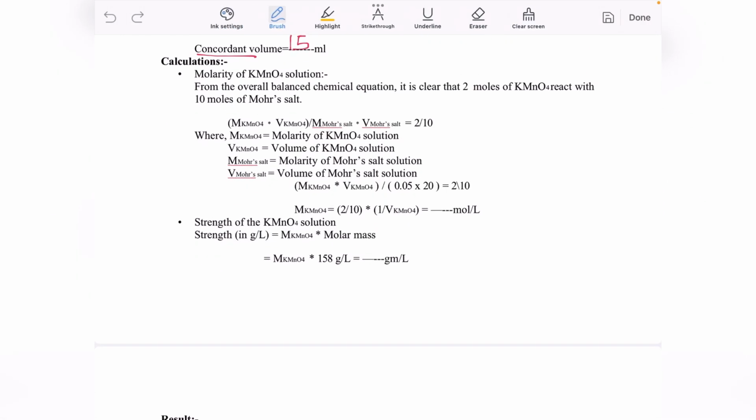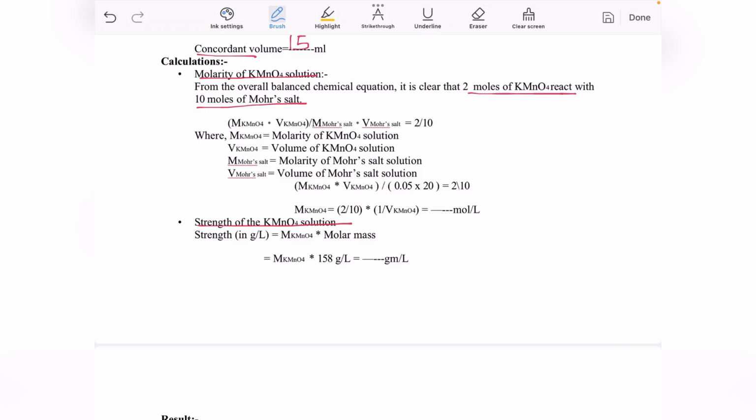Now the next step, calculation. What we have to calculate, as given in the question, is the molarity and strength of the KMnO4 solution. If you cross-check your ionic equation, we found that 2 moles of potassium permanganate are required against 10 moles of Mohr salt.